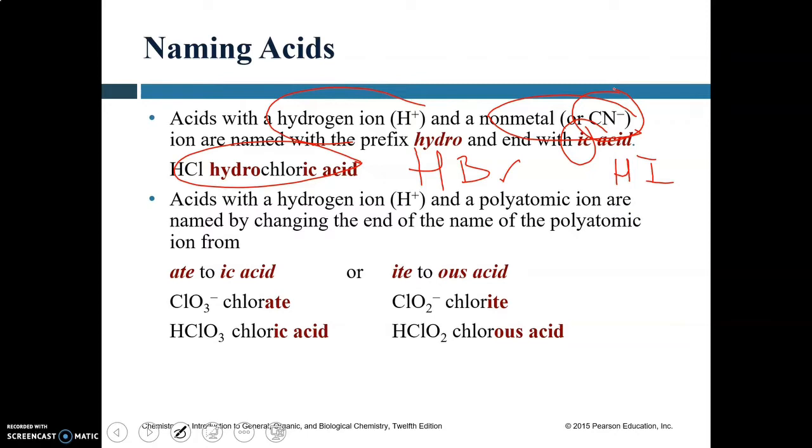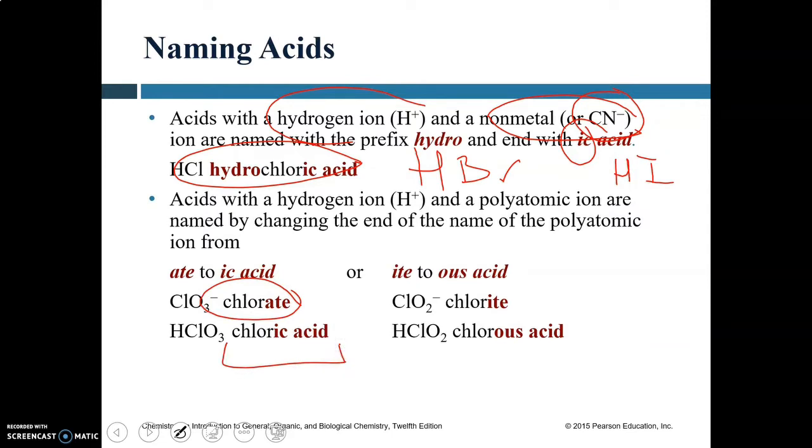Acids which contain a hydrogen ion and a polyatomic ion are usually named by changing the end of the name of the polyatomic ion from ate to IC and from ite to OUS. So chlorate, the ate is changed into chloric acid.